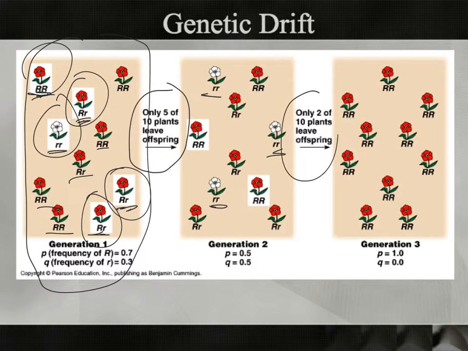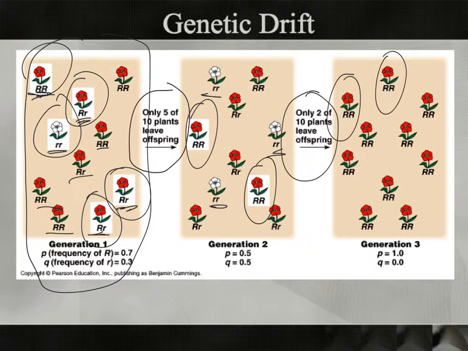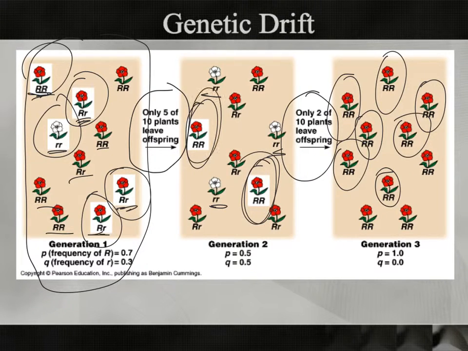Again, only 2 plants of the 10 leave offspring, and it's specifically these 2. You can see due to genetic drift, we now get everybody being homozygous dominant with the trait. Now just to go back, due to chance, these two individuals mean we now have a whole different change that can happen.